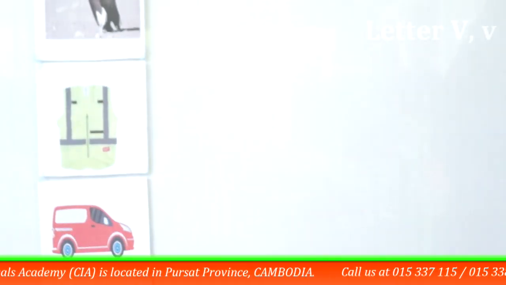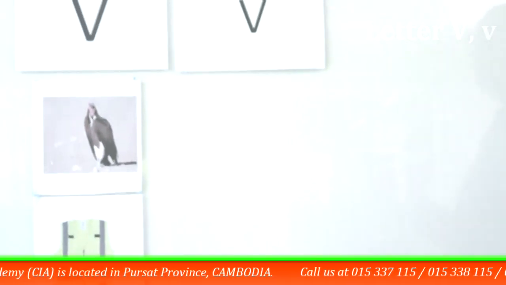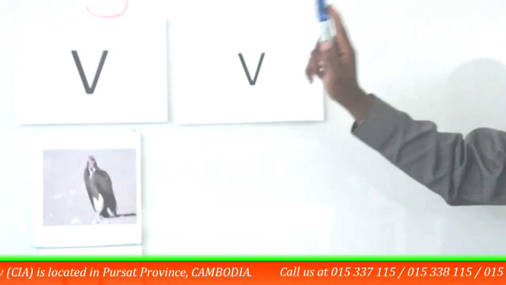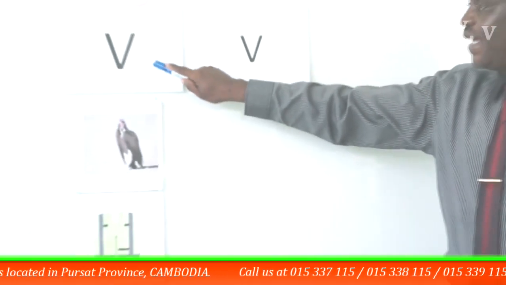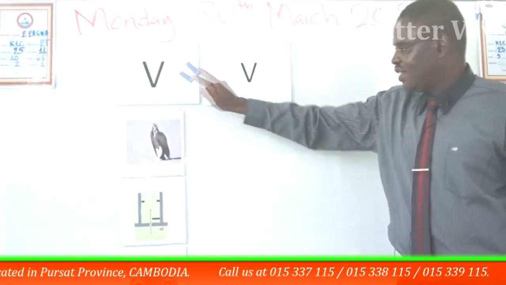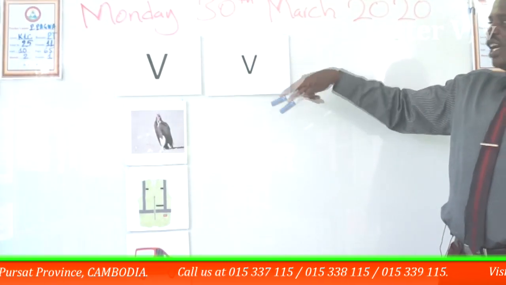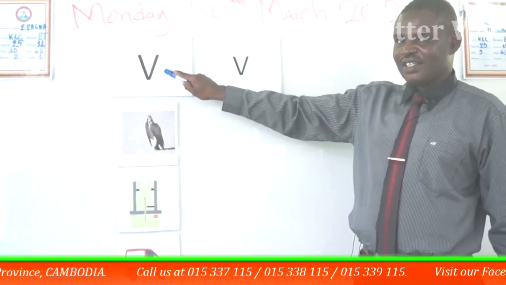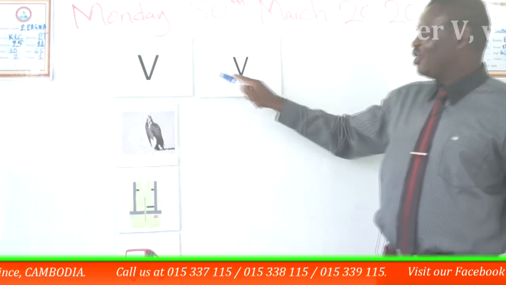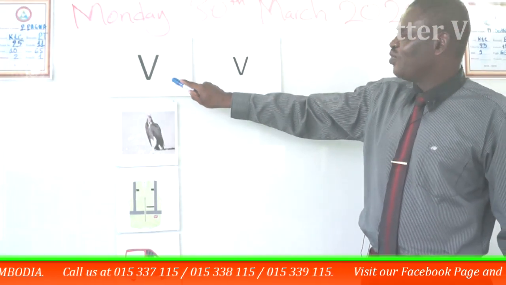Let us go over again to see if we can still remember this. This is letter V, uppercase letter V. This is lowercase letter V. In other words, it is called capital V and small v.